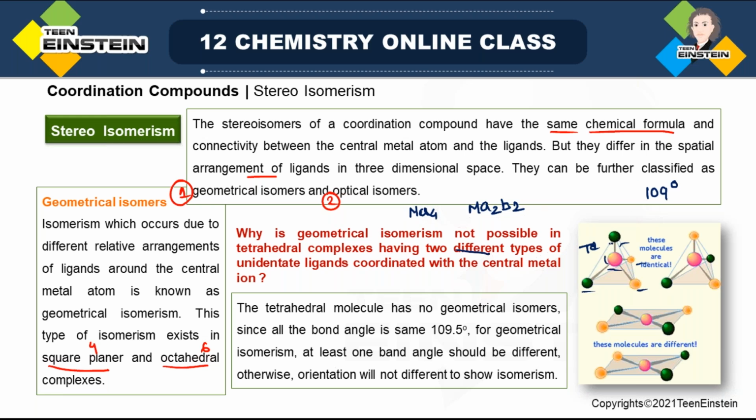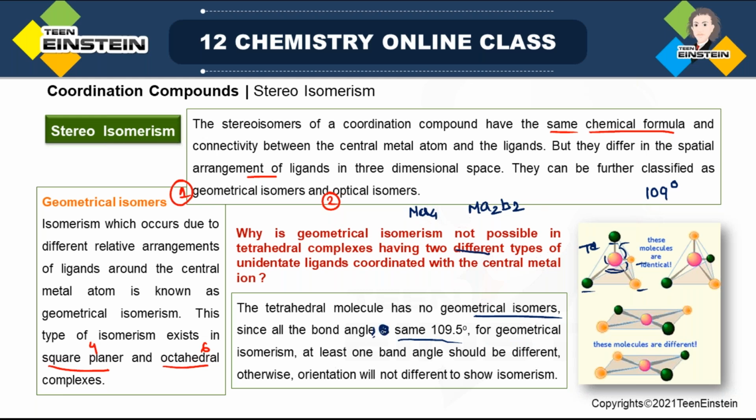So whichever 2 atoms you consider attached to the metal, they will always get the same angle. This is 109 degrees, this is also 109 degrees, so all are 109 degrees. Under this condition, if you exchange any 2, you will get the same arrangement, because after all our angles are the same. So that is the reason it has no geometrical isomerism: all the bond angles are the same.